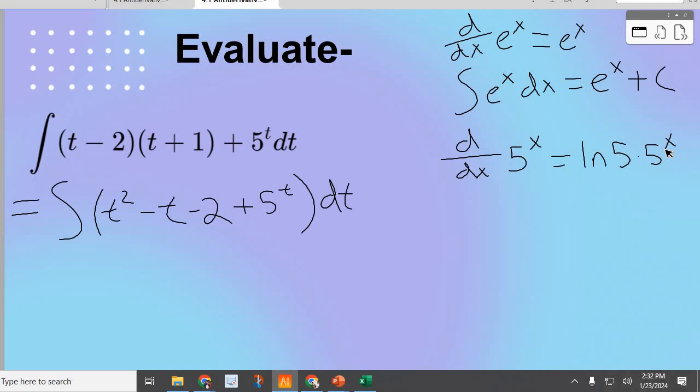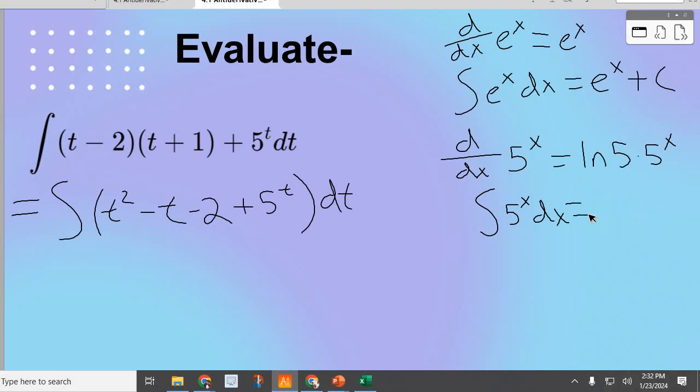Now, if I was trying to take the antiderivative of just the 5 to the x, what do we have an extra thing over here of? We have an extra natural log of 5, right? So how would I get rid of a natural log of 5?